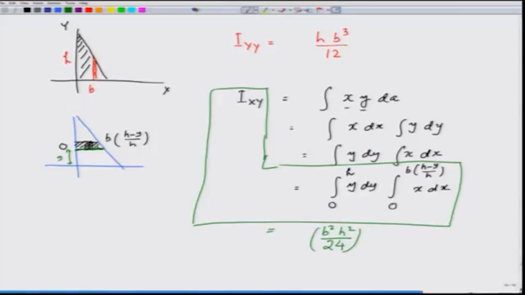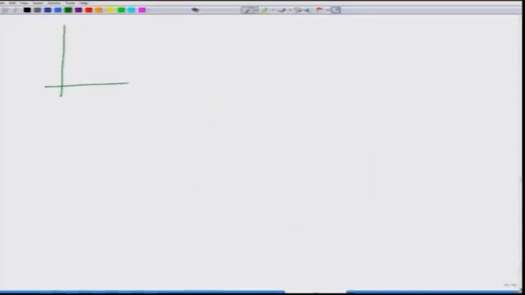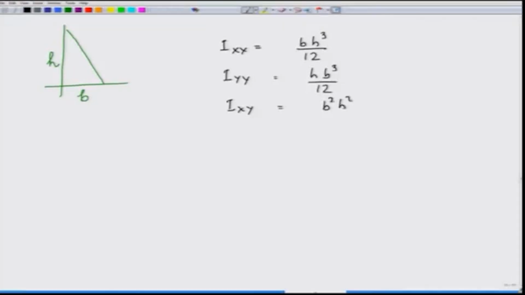So, for a right angle triangle, with base b and height h, we have calculated that Ixx comes out to be b h cubed over 12, Iyy comes out to be h b cubed over 12, and Ixy comes out to be b squared h squared over 24.